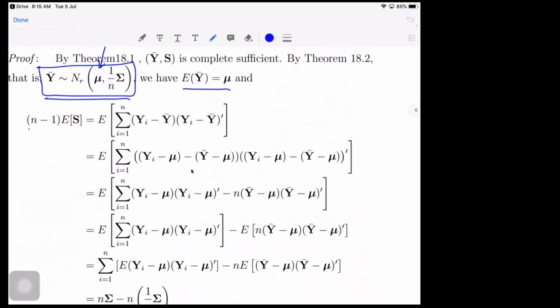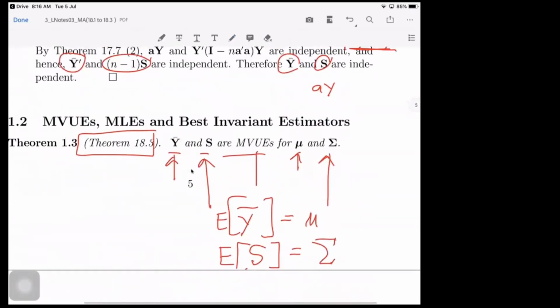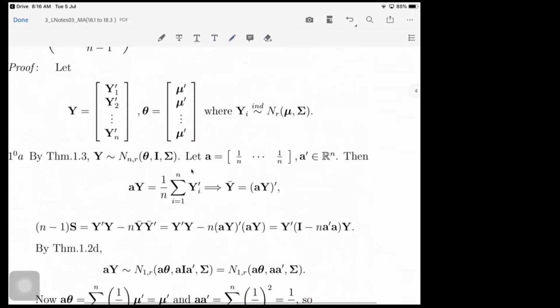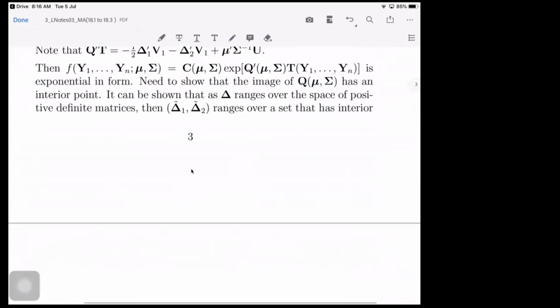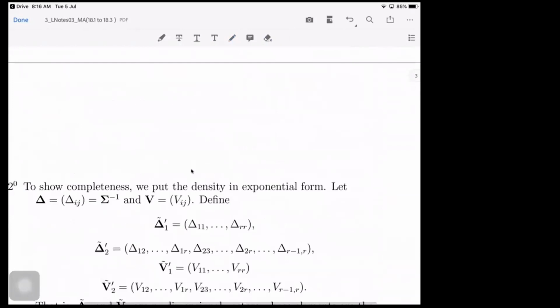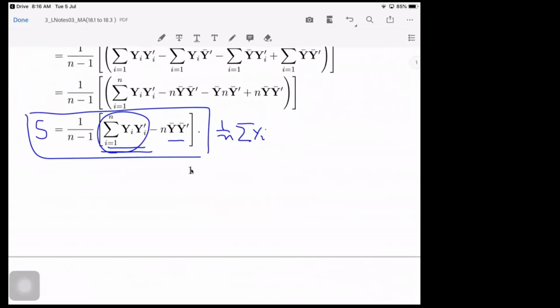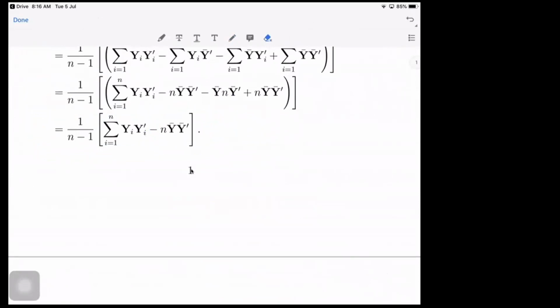By definition of your S earlier, we can write S is equal to 1 over n minus 1 times this term here.